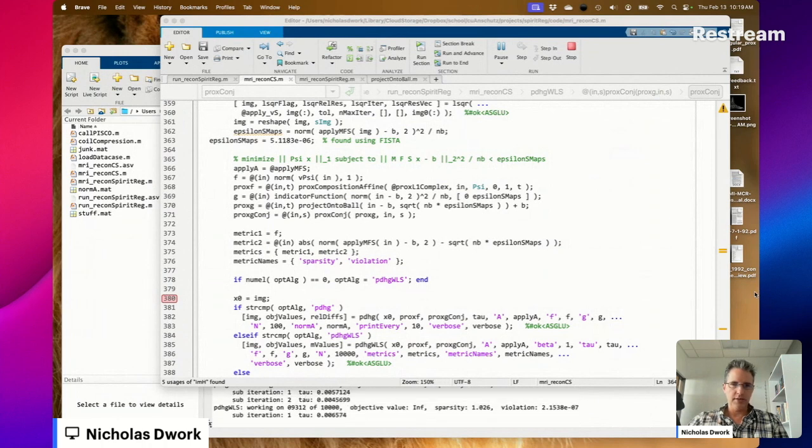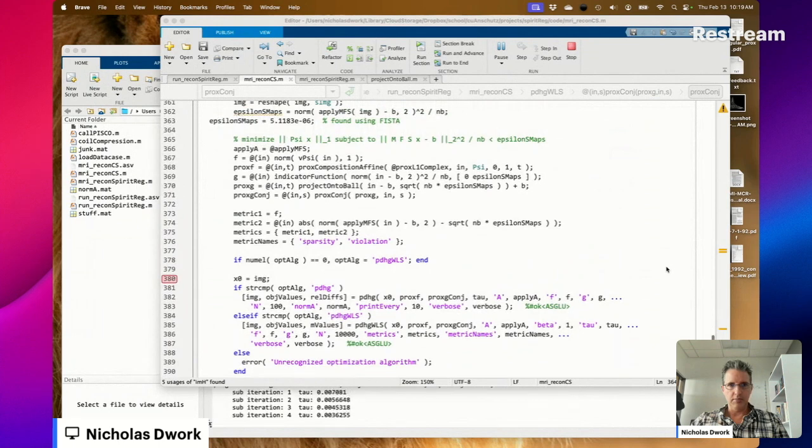We're at 9,400 iterations. This is the moment of truth.